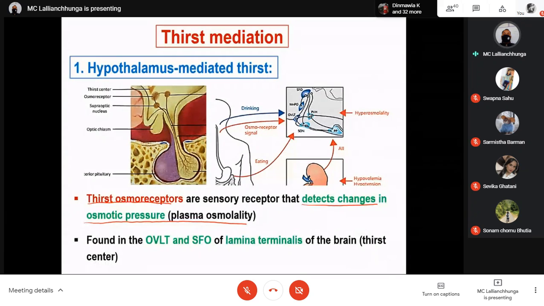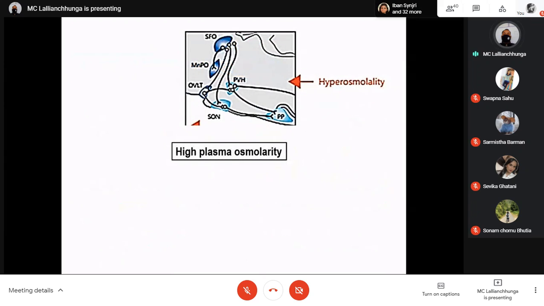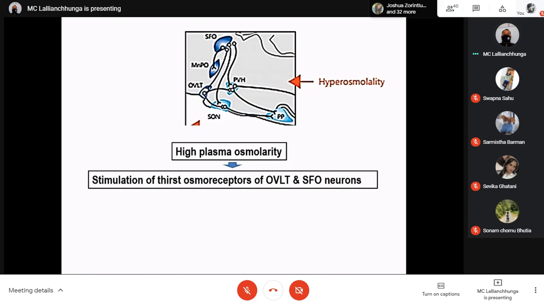of the brain. These are known as, as I told you, the thirst center osmoreceptors. Let's see what happens when there is high plasma osmolarity. Suppose there is an increase in the sodium concentration or osmolarity in the plasma. This will stimulate the osmoreceptors of OVLT and SFO neurons.